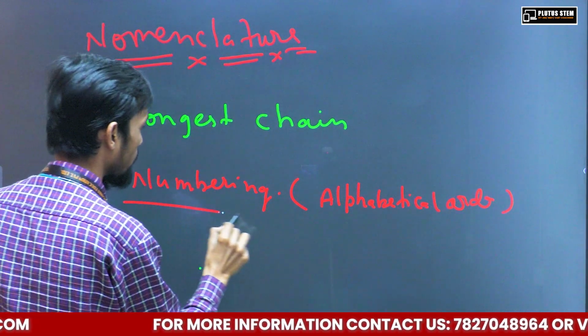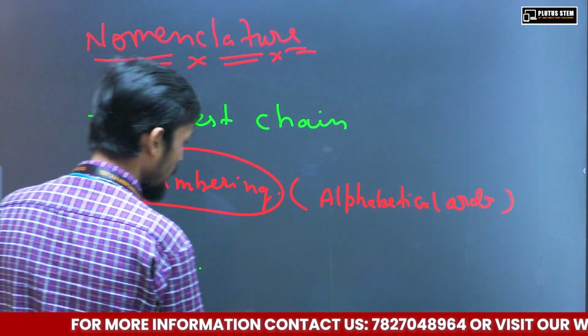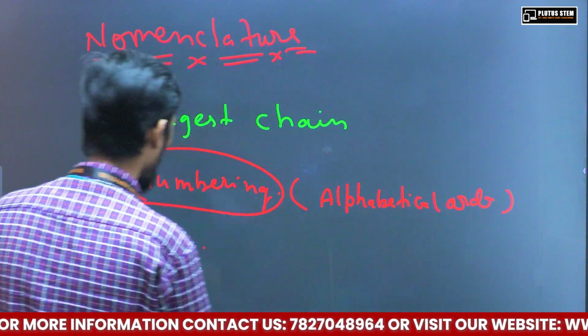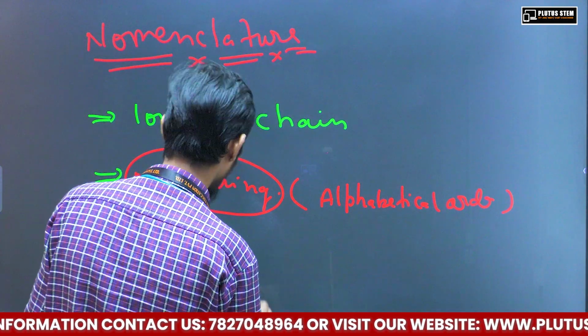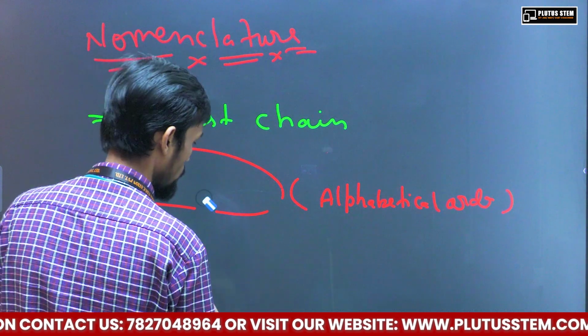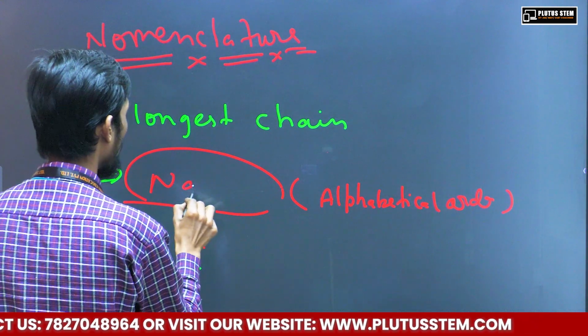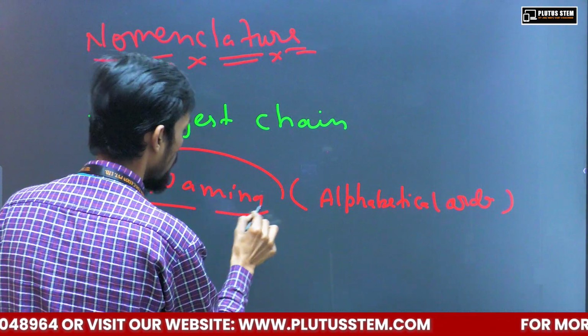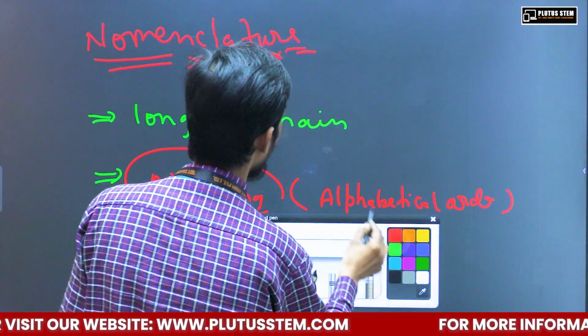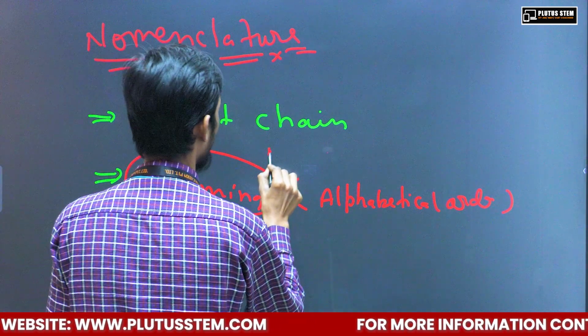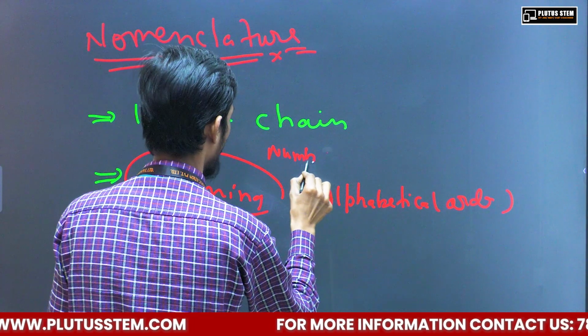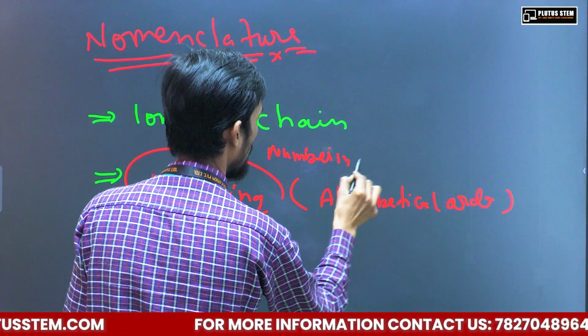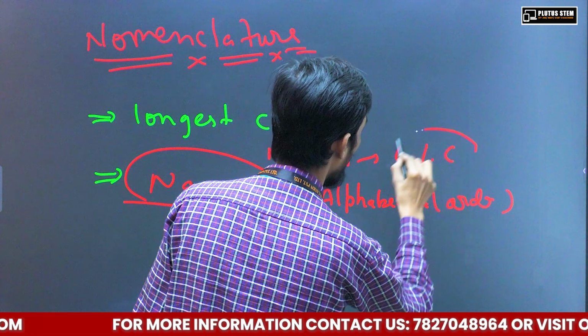This is while numbering. And while selecting, sorry, I made a mistake over here. The alphabetical order is while naming. And while numbering, we will see the lowest locant rule.